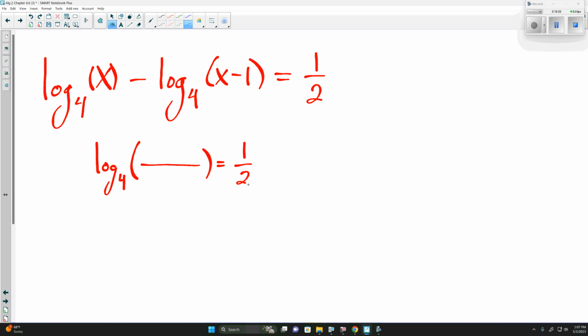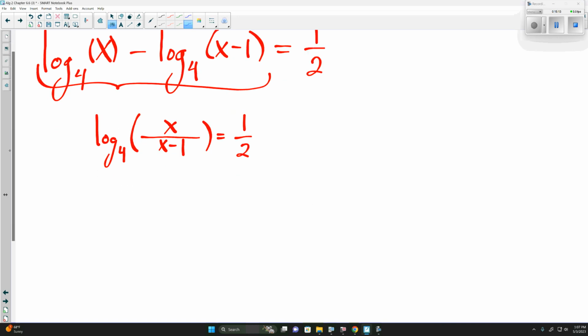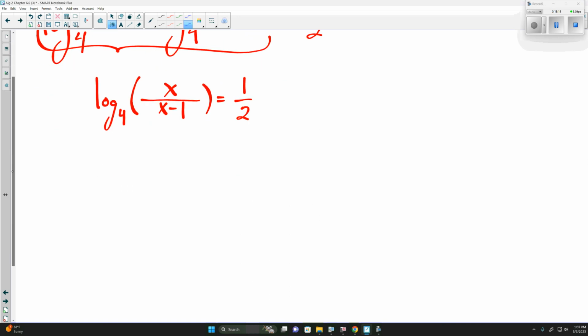Now again, we have two logs that are being subtracted, so we can rewrite it as a single log with what's inside being divided. So x over x minus 1. Then we put both sides to the fourth.